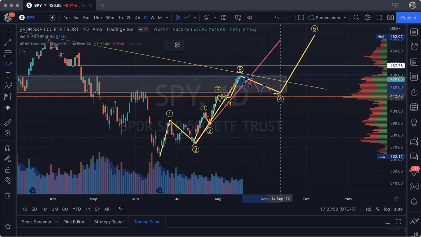Test the lower end of the boundary, maybe even go just a little lower before we head further up. Okay, so that would be my current prediction. Trying to show that it would retest that pink trend line or even the yellow downtrend line. Somewhere in August that might happen. Do a double top right here. We did have a triple, right?